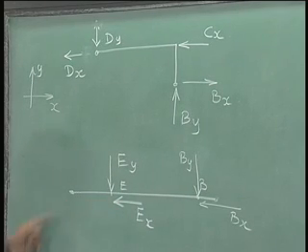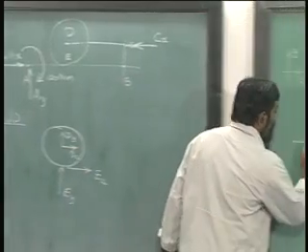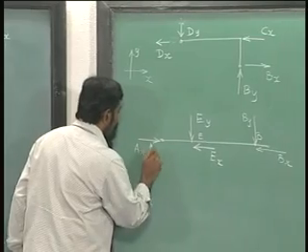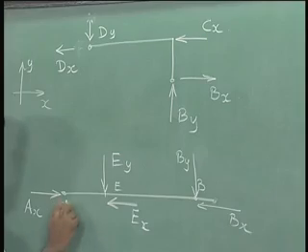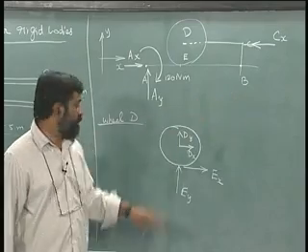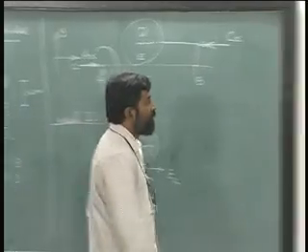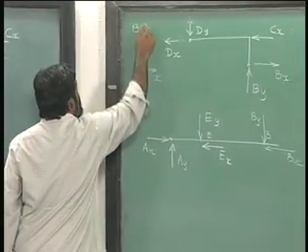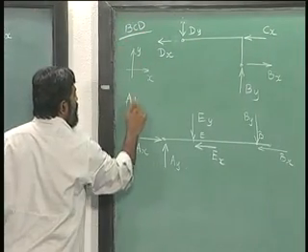At A we have already drawn for the system of rigid body, I will have Ax and Ay appearing. So we have drawn all the free body diagrams here, that of wheel, that of BCD and that of AEB.